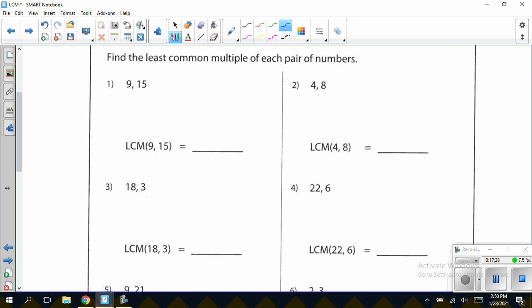Show that you need to list the multiples of 9 and 15, and then circle the very first number that they both have in common to have your LCM. Number 2, list your multiples of 4 and 8. Again, circle the very first number that they both have in common to have the LCM between 4 and 8.